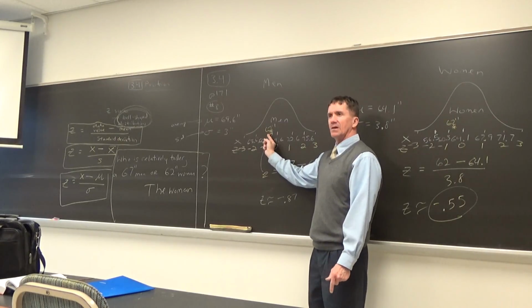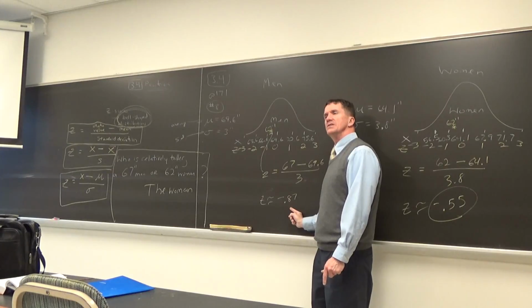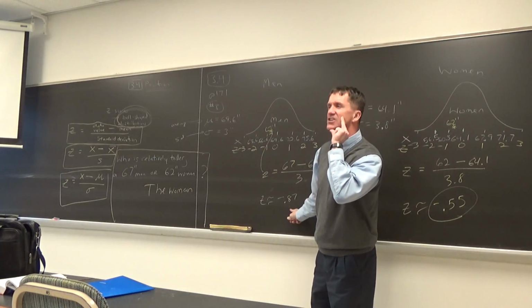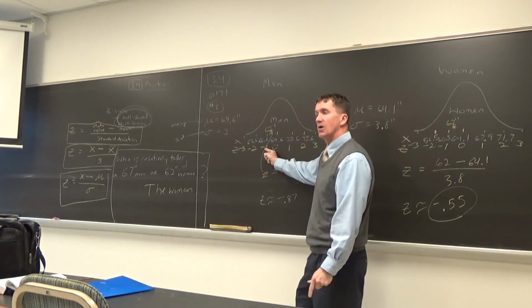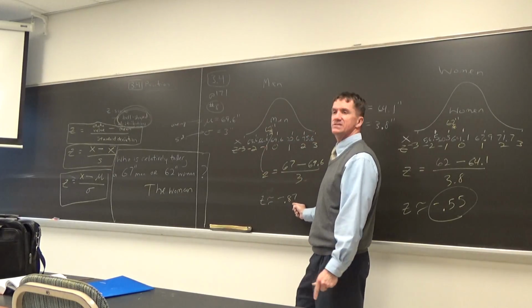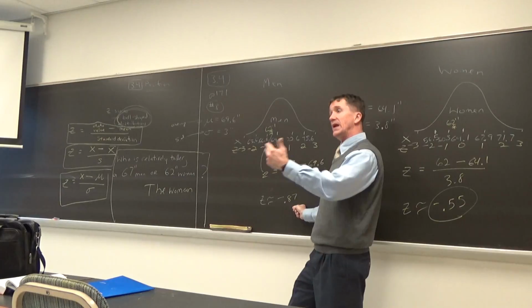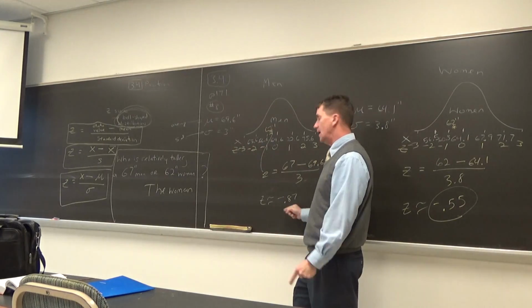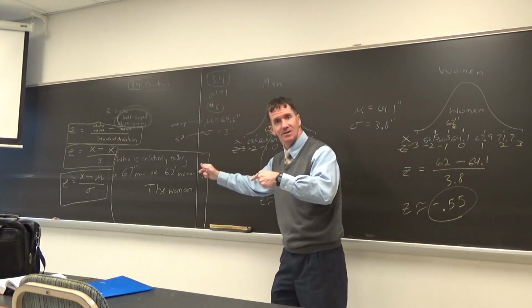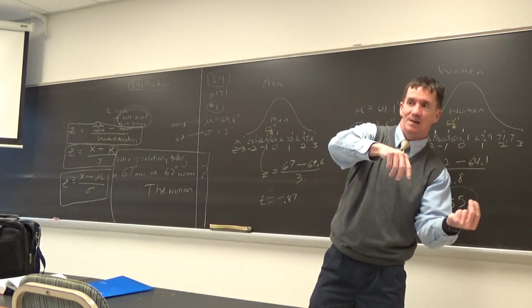That gentleman right there is negative 0.87, listen to this, standard deviations below the mean. He's close to 1 standard deviation below the mean. Being negative means he's below. When it's positive, where are they? Above, right?